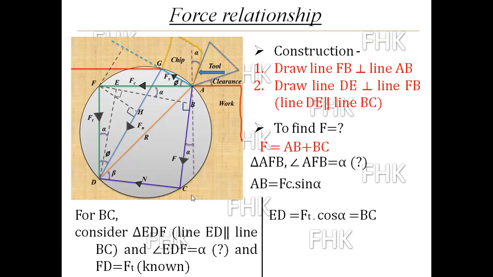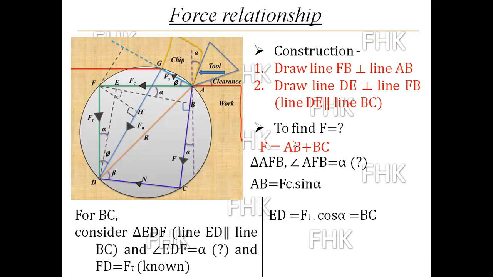Is that clear? BC is parallel to ED. So I will find ED from the triangle FED, in which this angle is alpha and this length is FT. So cos alpha into FT will become ED, which is equal to BC.